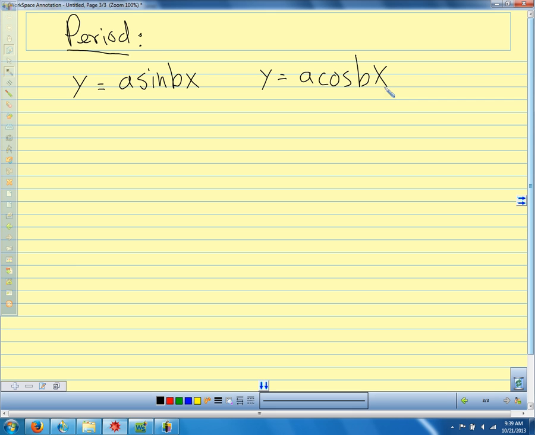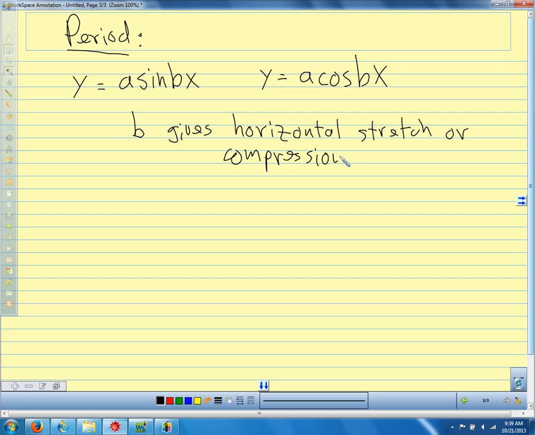Okay, so it's going to change the period. So we get a horizontal stretch or compression. So the b gives us a horizontal stretch or compression. So it changes the period.